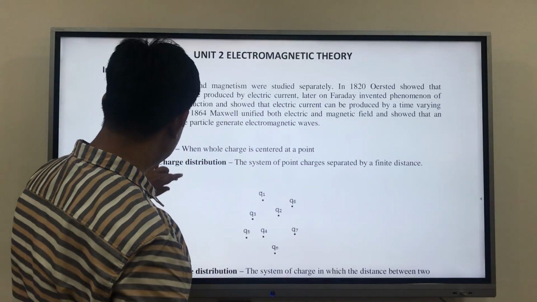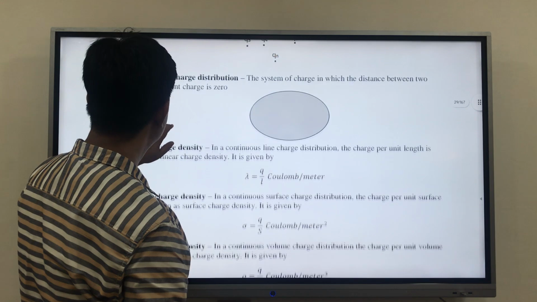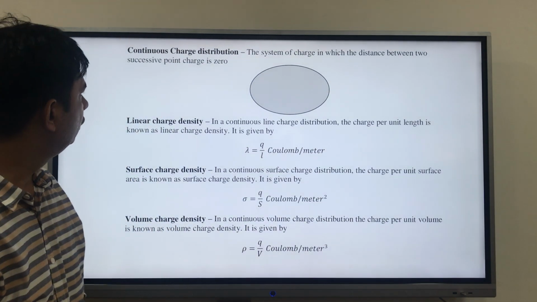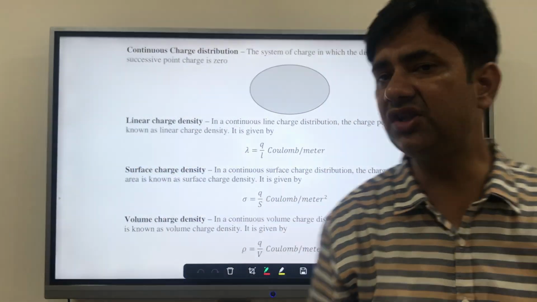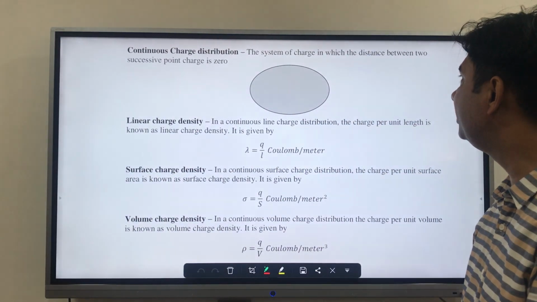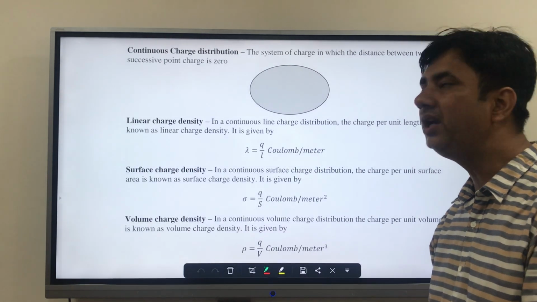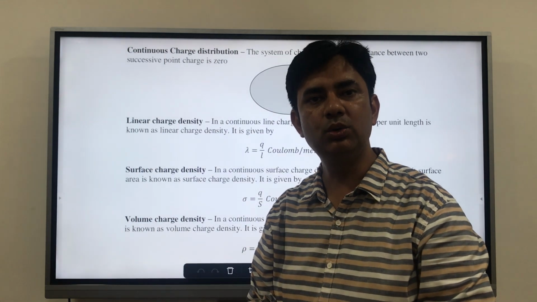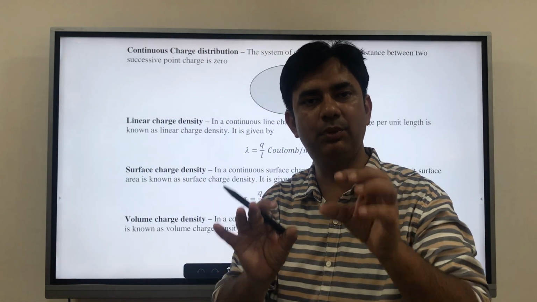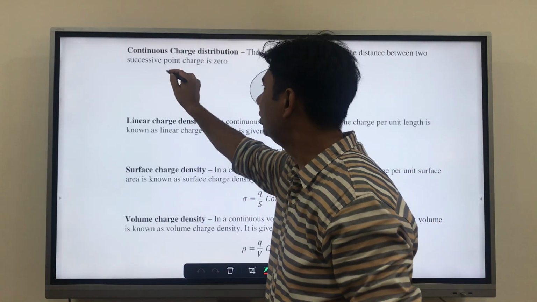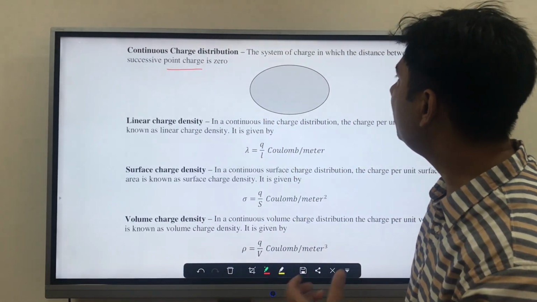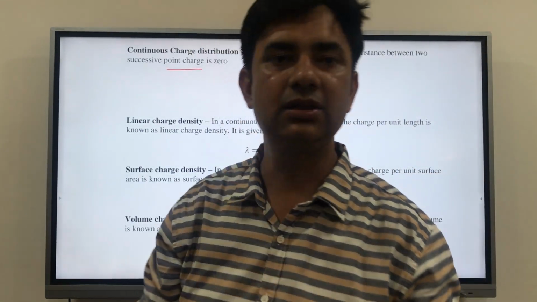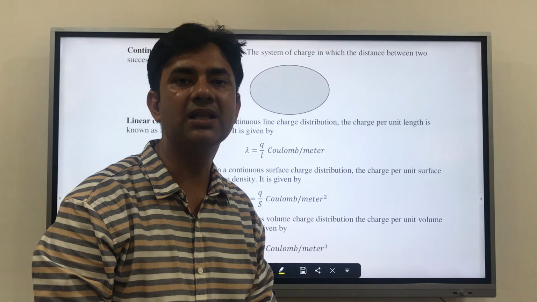Now, another famous concept is continuous charge distribution. It is a system of charge in which the distance between two successive point charges is zero. A body whose whole charge is centered at a point is called a point charge, and a system of charge in which the distance between two successive point charges is zero is called a continuous charge distribution.